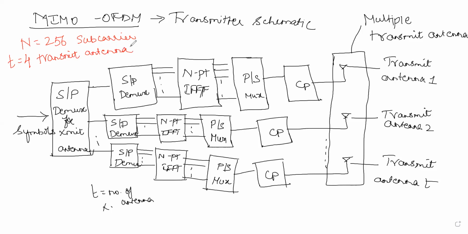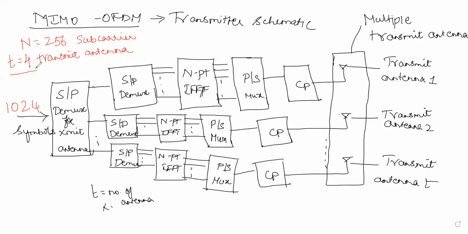Suppose the input symbols are 1024. So how many input symbols are we getting? We are getting 1024.